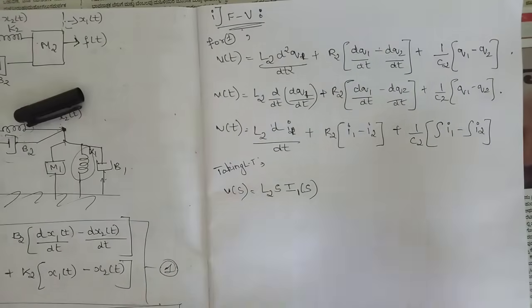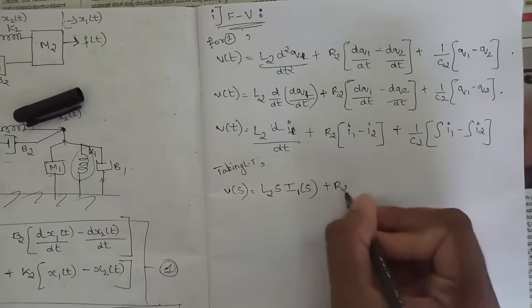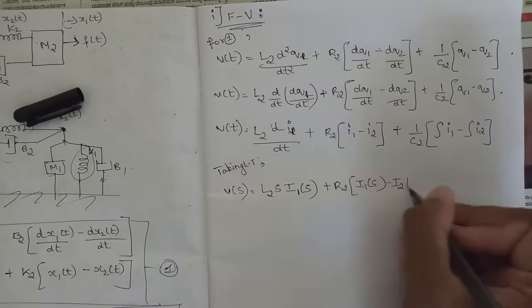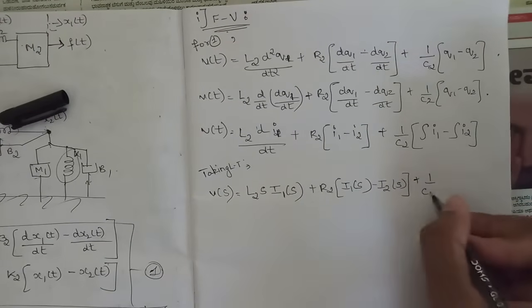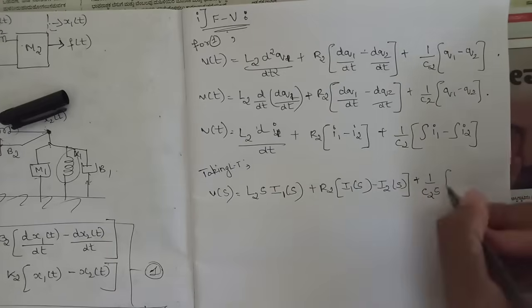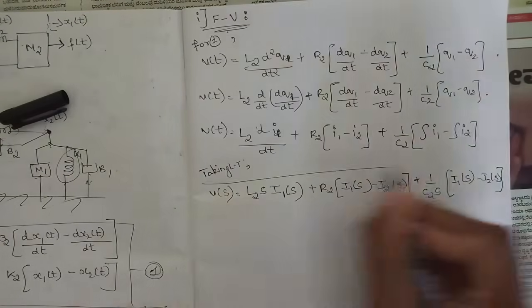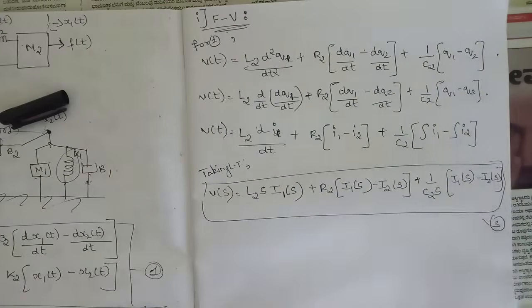Please make this correction here. Plus R2 into I1 of s minus I2 of s plus 1 by C2 into, take this integration common outside, so it would be 1 by s, I1 of s minus I2 of s. So this is your one equation. Name it as equation 3.